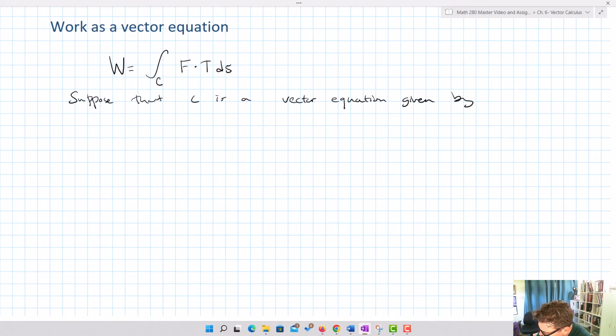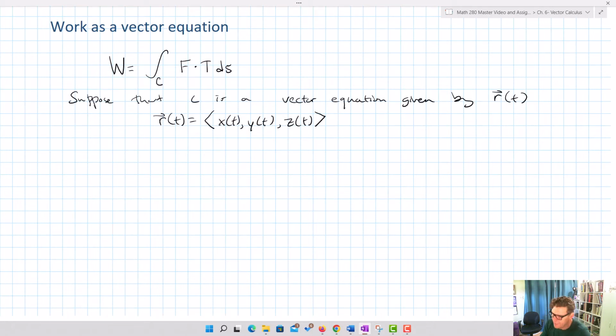Given by an R of t, and so R of t, if you remember, is going to end up equaling some x of t, y of t, z of t. So that is our curve.